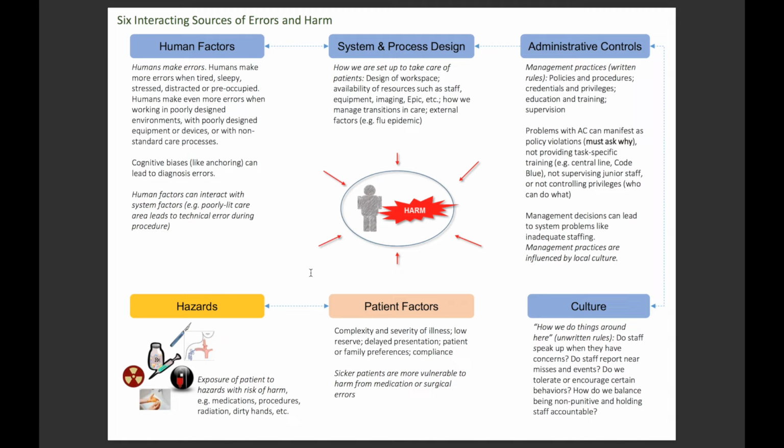Humans make even more errors when working in poorly designed environments with poorly designed equipment or devices, or with non-standard procedures. And this is a big factor. This idea here is being situationally aware of the environment you're in when you walk into it, for the things that you have to do.